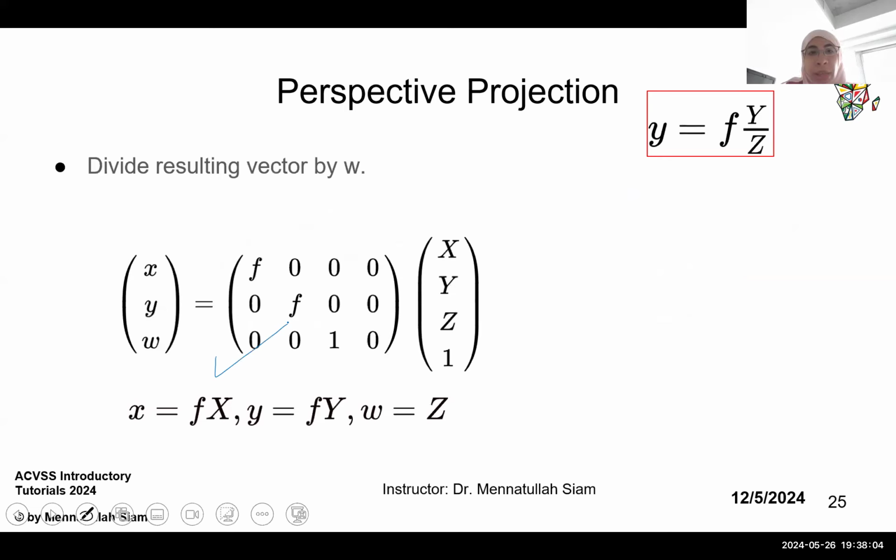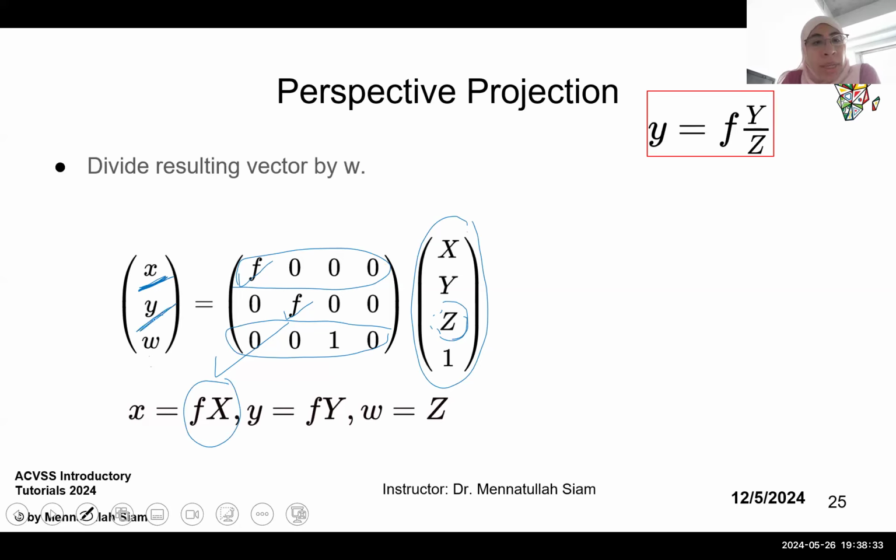If we take the full 3D point and then multiply the x here with f and the y here with f, the focal length, and then maintain the z as our resultant. So if I take this row and multiply it by the 3D world coordinate, I'll end up with x here, the 2D projected one, which is simply the focal length multiplied by x. And then y is the focal length multiplied by y.